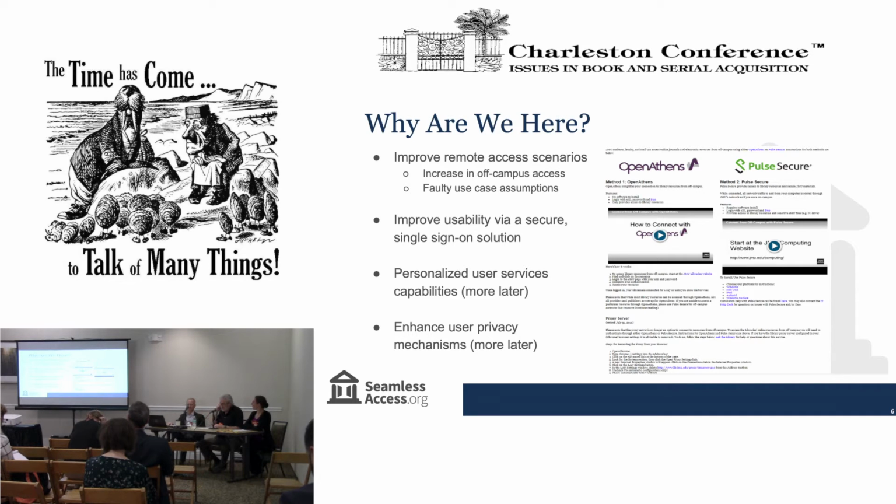But if we provide choices, for instance, some libraries and institutions are using VPN clients, or some SAML-based approach like Shibboleth, or easy proxy, then the user is immediately bombarded with confusing information about what's best for me and how do I get this set up.